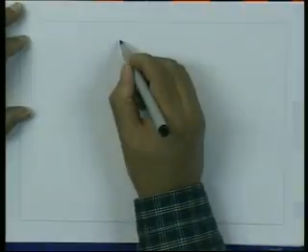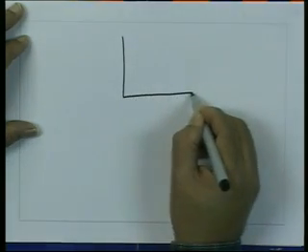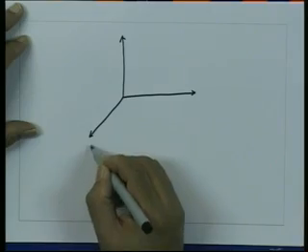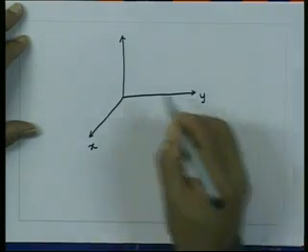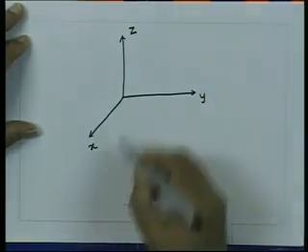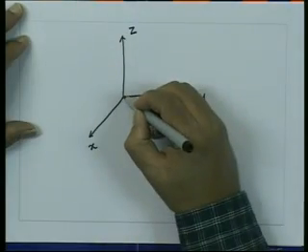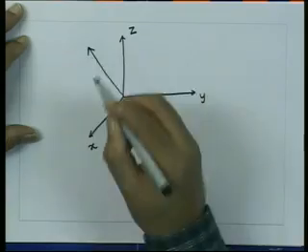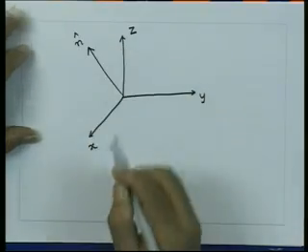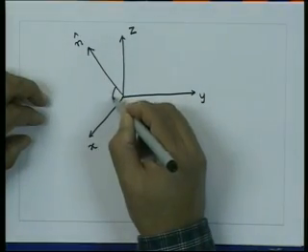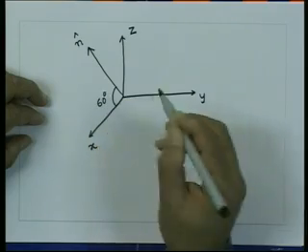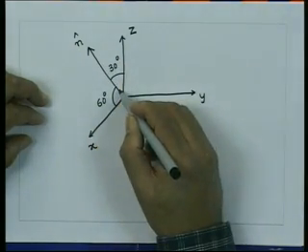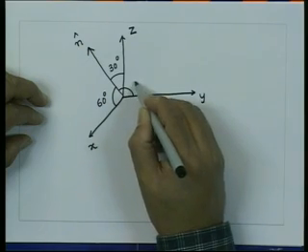If we write down the coordinate axes, this is x, this is y, this is z. The wave is traveling in this xz plane, something like that. This is your unit vector n, where this angle is 60 degrees, this angle is 30 degrees, and the angle with y is 90 degrees.